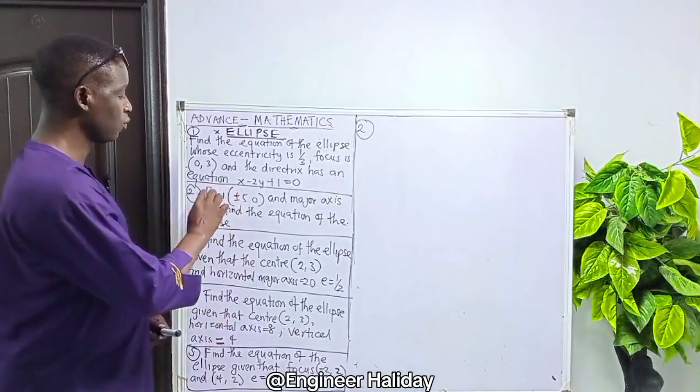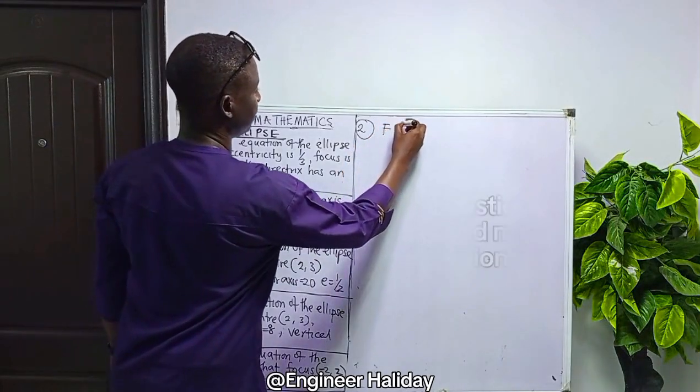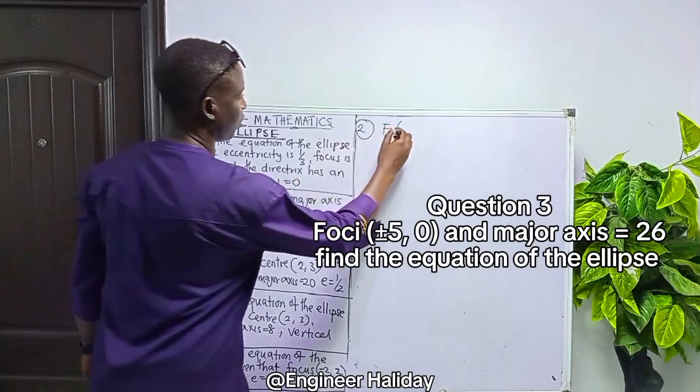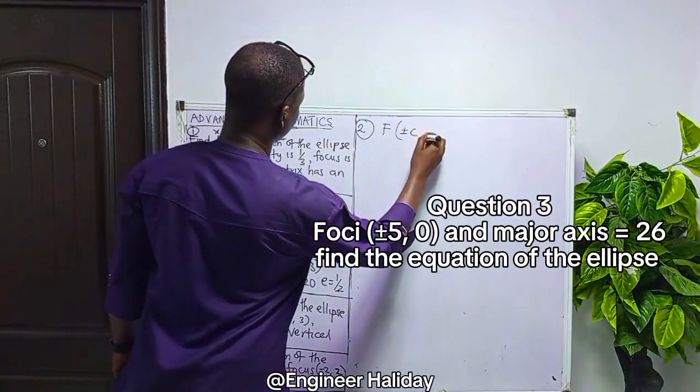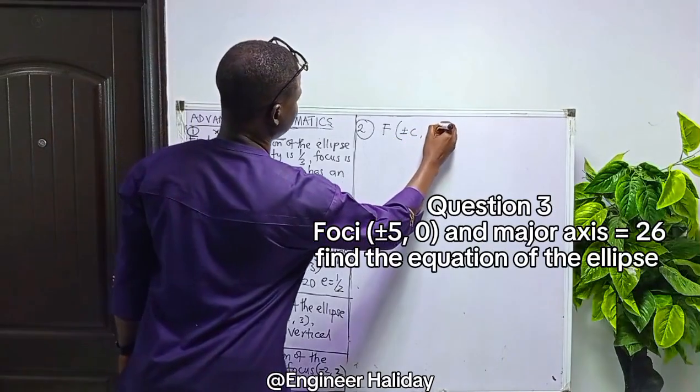Now, we are given a focus, a foci, that is F equals plus or minus C, comma, 0.